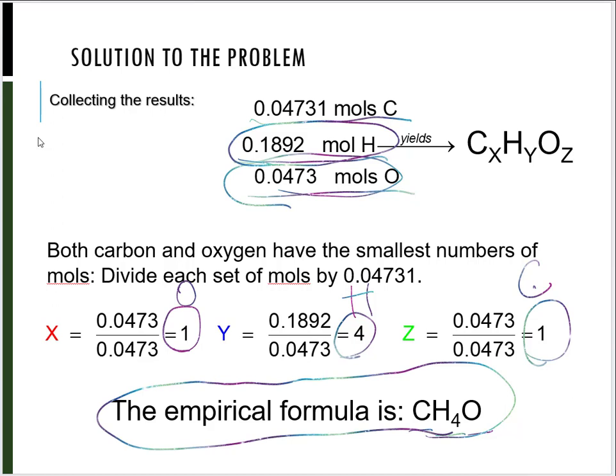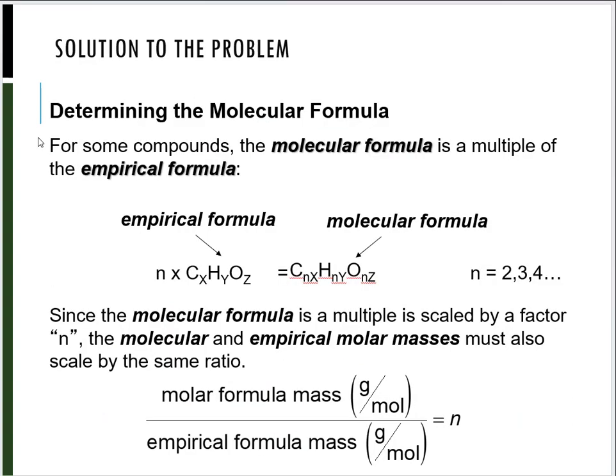Now, we can go from empirical formula to molecular formula. Easy peasy. We need to find the molar mass of CH4O. If I know the molecular formula, the formula mass that we're given, you have to be given that. And we were told that in that very first slide. I'm going to go back here.